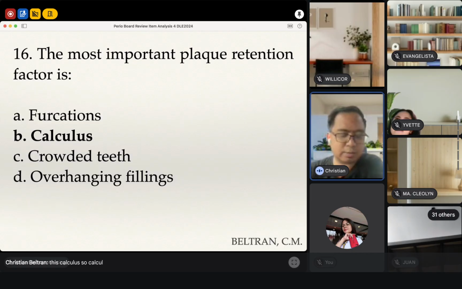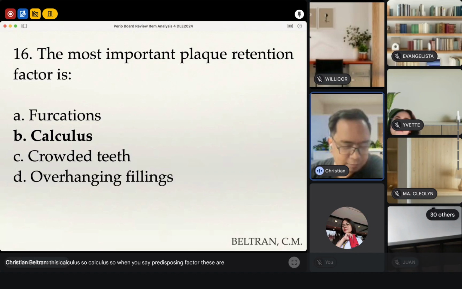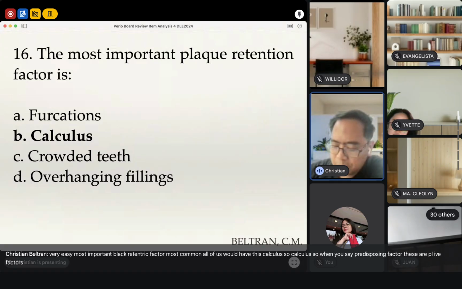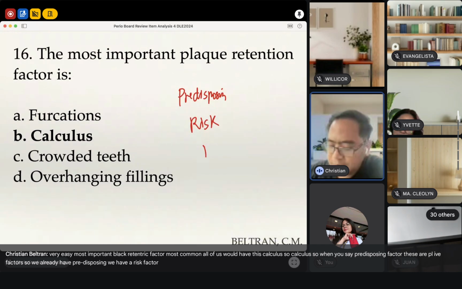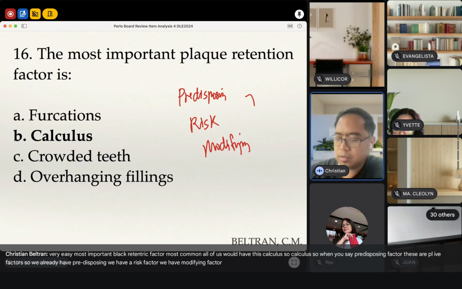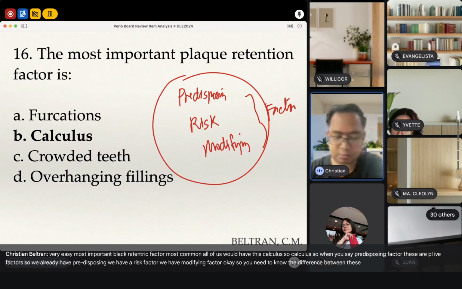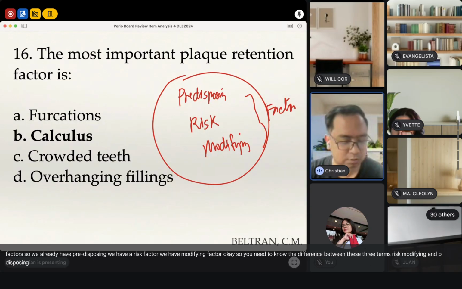So when you say predisposing factor, these are plaque retentive factors. So we already have predisposing, we have a risk factor, we have a modifying factor. Okay? So you need to know the difference between these three terms: risk, modifying, and predisposing factors.